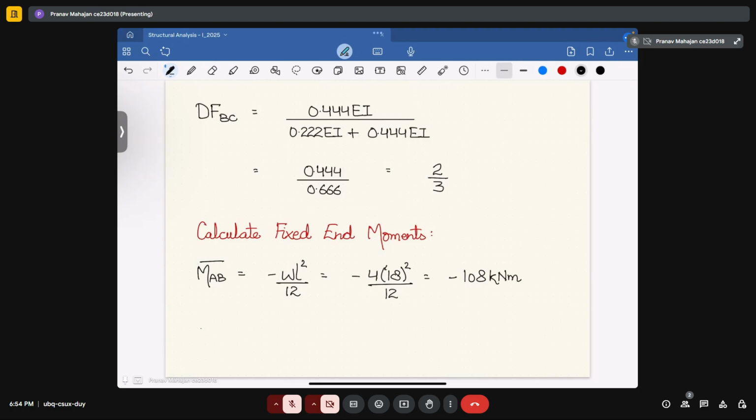And that will give you the value of M of BA to be equal to plus 108 kilonewton meter.